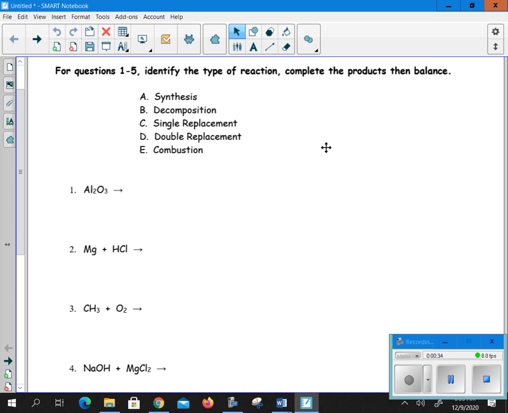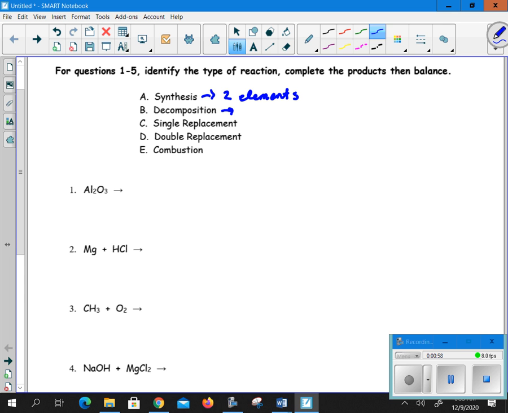So if we have just a single reactant, the thought process is, I recommend putting this on your note card and/or just thinking about it: synthesis is always going to be two elements, for our purposes, as reactants.